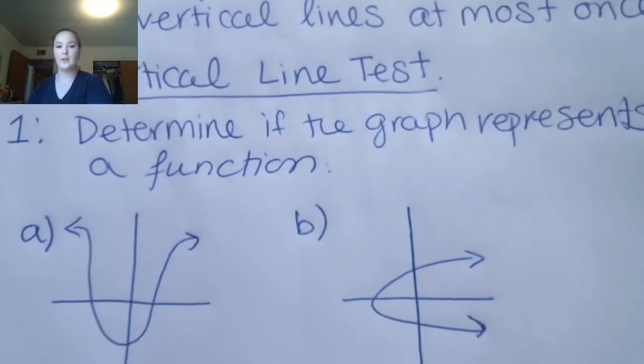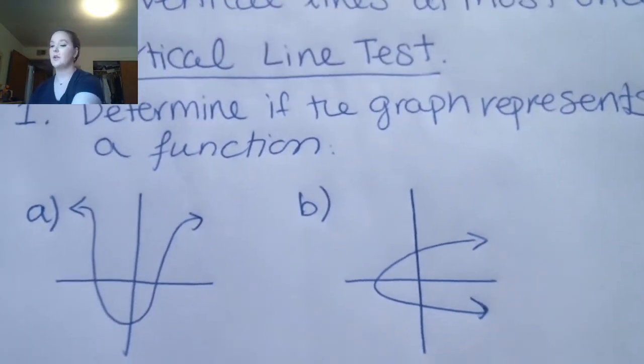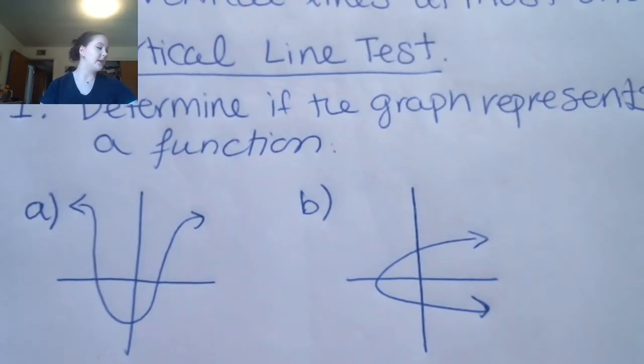Okay, so I've drawn some graphs and we're going to decide together. Okay, so remember what we're going to do is we're going to take a vertical line either in your mind or you can use a ruler or something, and you're going to move it across the graph and see if it crosses the graph more than once.